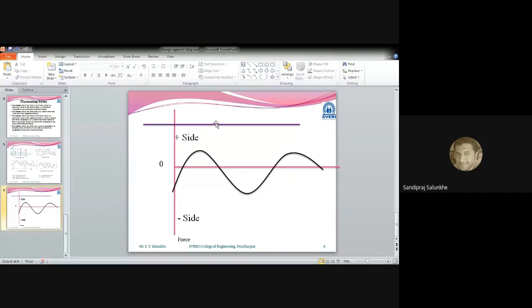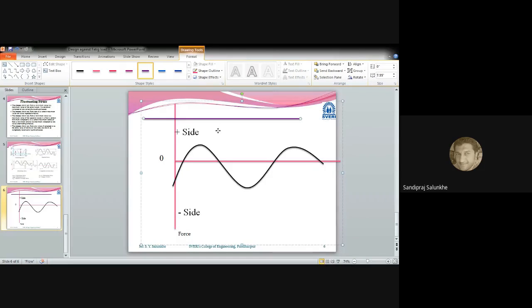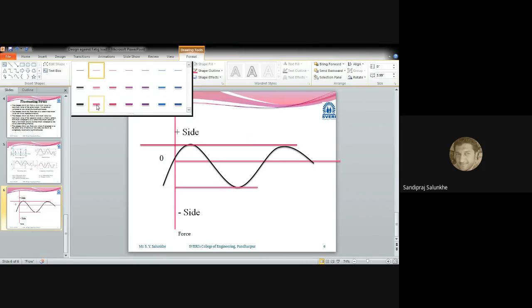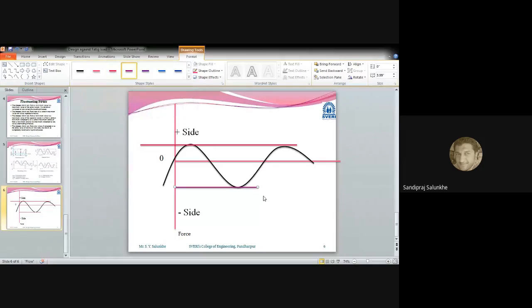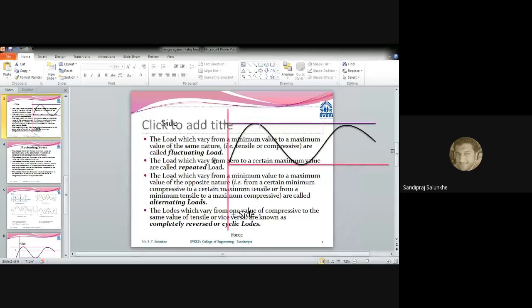Here, this load is going to create tensile type of stress, and this load is going to create compressive type of stress. Right?